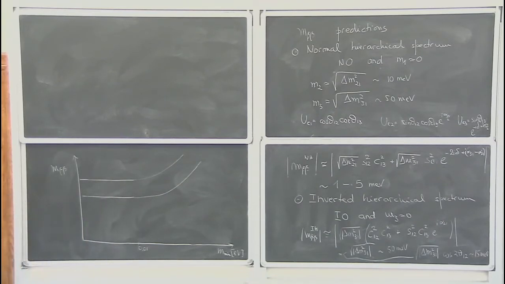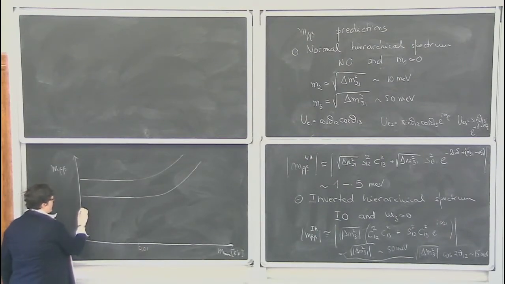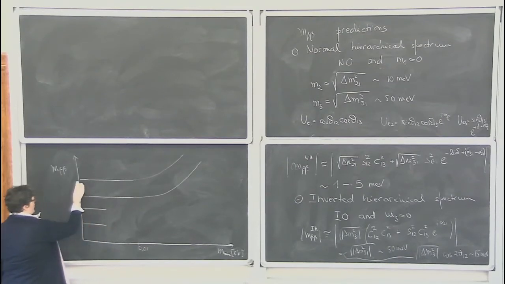In the case of the normal ordering, if you have the hierarchical spectrum, so at very small masses, you have this prediction. So we said this is 50, let's say this is 15 millielectron volts, and this is 50 millielectron volts. And here we are in the few millielectron volts.